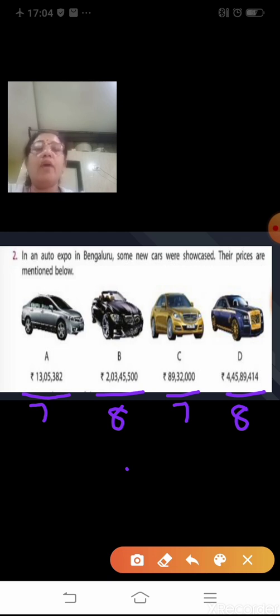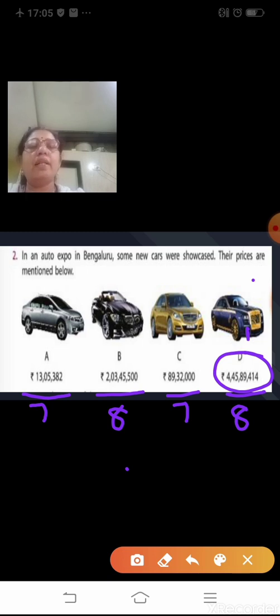Now we have to take the bigger value first to arrange it in descending order. Now out of these two 8-digit numbers, the first highest value, when we compare the numbers between 2 crore and 4 crore, so 4 crore is greater, correct? So this number you will write it as first.